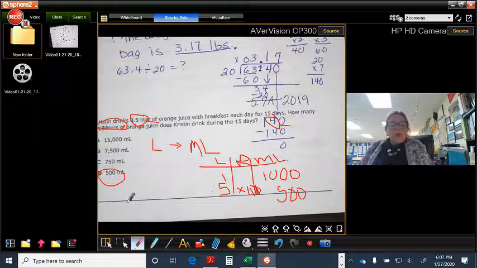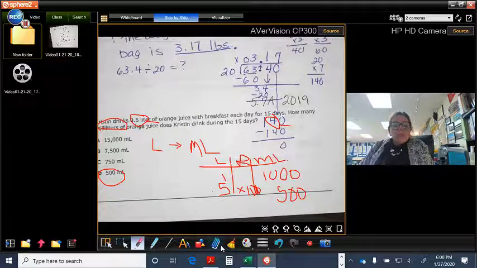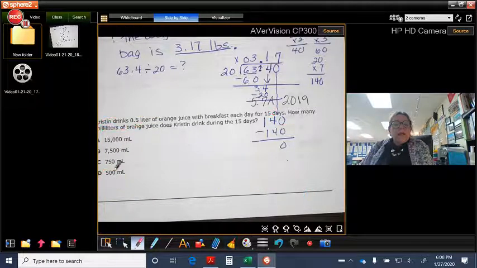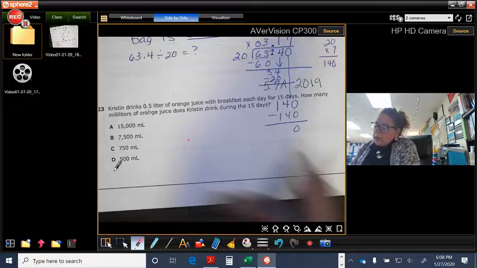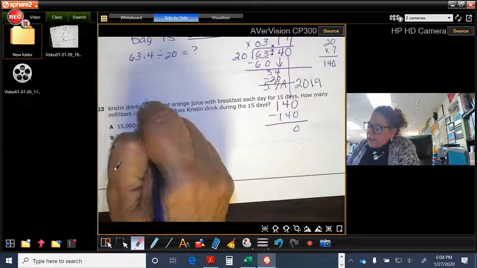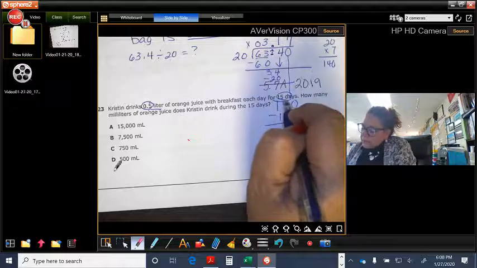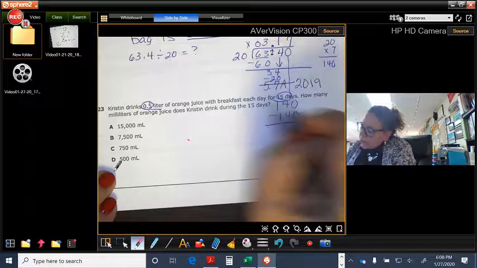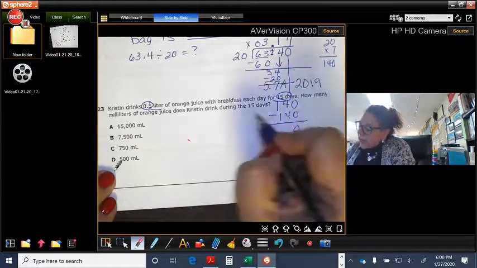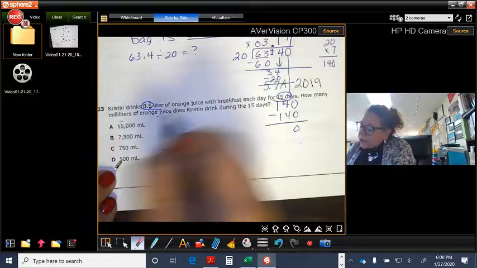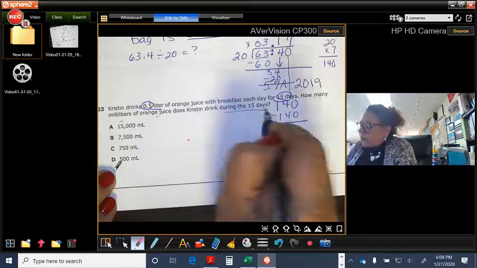Now, if you weren't quite sure how that worked, 5/10 liters, and that was for 15 days, for each day. And I didn't do that right. So how many milliliters of orange juice does Kristen drink during the 15 days?